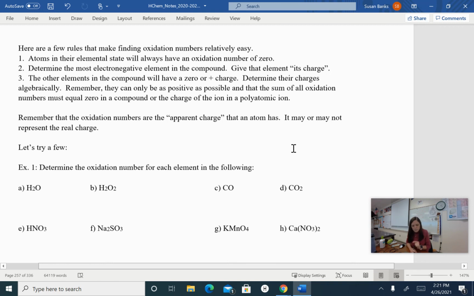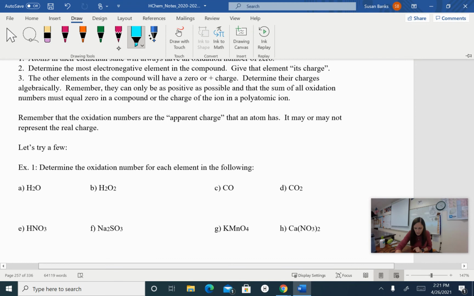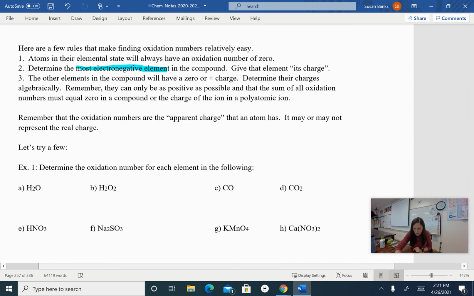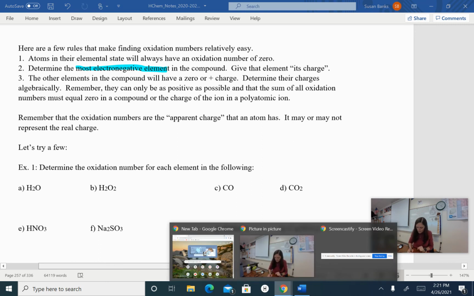Rule number 2: determine the most electronegative. We're going to look for the most electronegative element in that compound, and we are going to give that element its charge. By that, I mean we're going to look at the periodic table. Let me pull up a periodic table really quick.